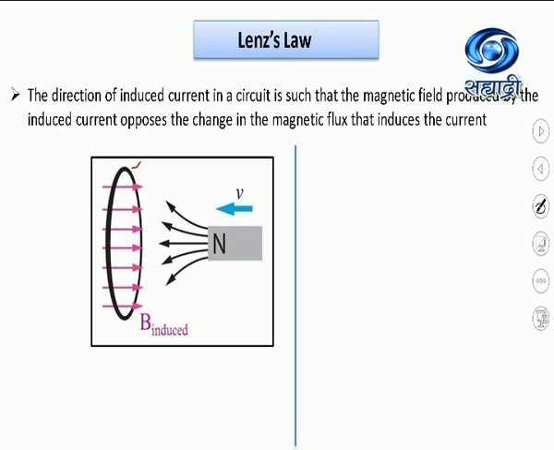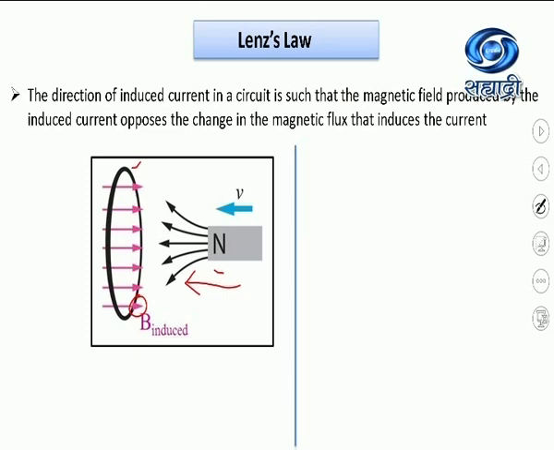We have a coil and there is a magnet, the north pole of the magnet is facing the coil. When the north pole of the magnet is moved towards the coil, at that time the flux passing through the coil increases. As the flux increases, the coil will try to oppose the increasing flux, and for that it will generate its own magnetic field which will oppose the increase in the magnetic flux due to motion of the magnet.